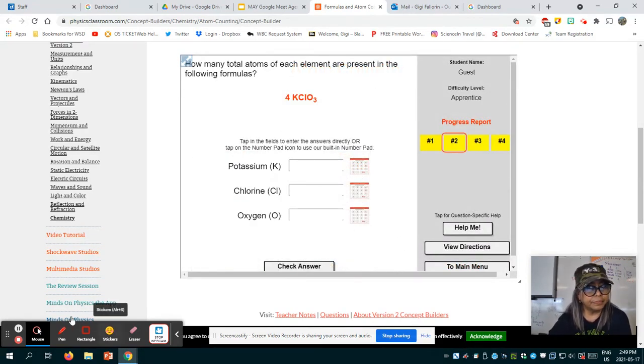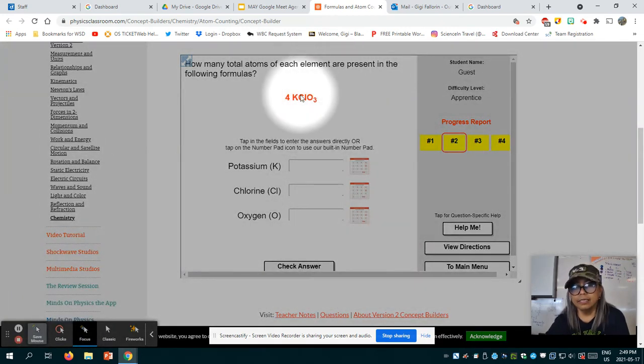So here, concentrate on the formula. Okay, you don't have to know the name of the substance or compound, but this is actually potassium chlorate.